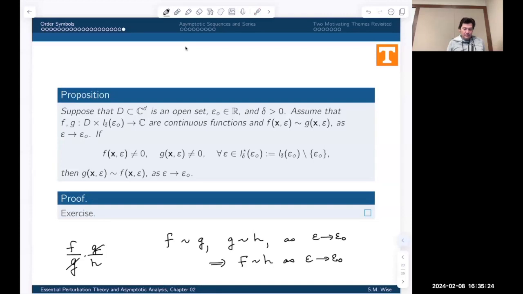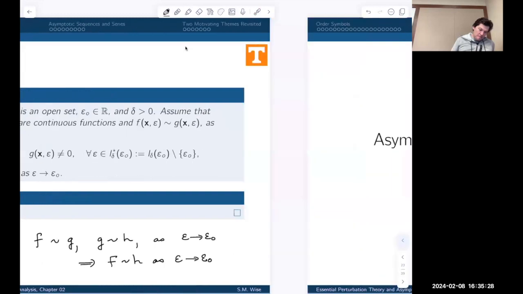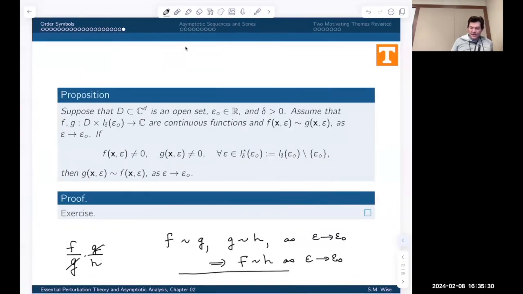Okay, so that's a property called transitivity. In case you were wondering, that was a question asked by the in-person audience: if F is asymptotic to G and G is asymptotic to H, is F asymptotic to H?